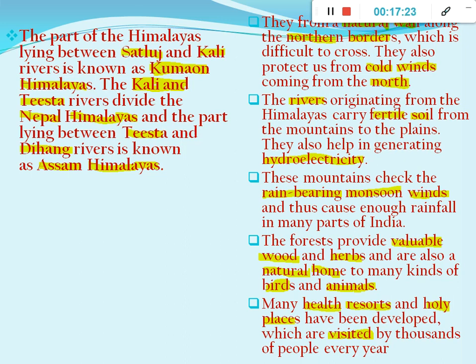Friends, why is this? Mostly Punjab and Himachal areas on the northern side receive rain because of this. It also has valuable woods and herbs in its forests, and it is a natural home of many wild animals and birds.